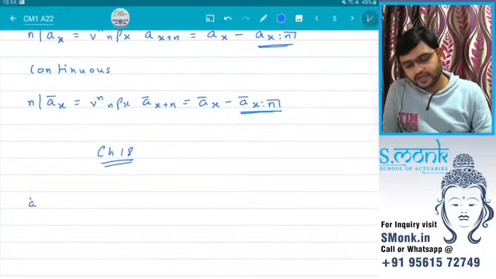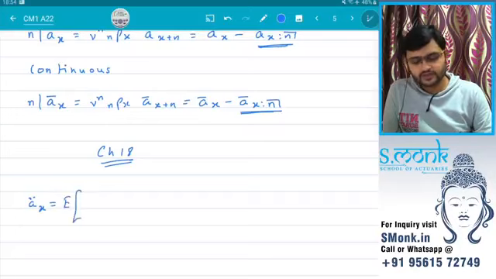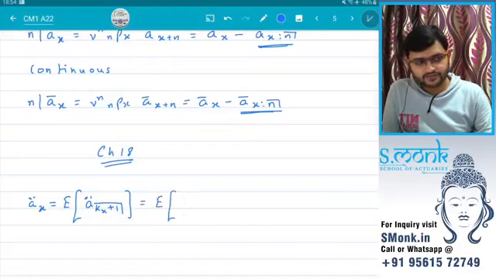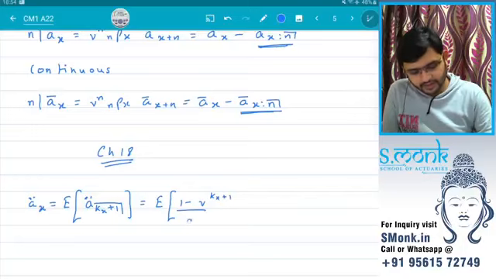Now see, a due x we said was nothing but the expected value of the present value. The present value of a due x was a due kx plus 1. We can write this as the expected value of 1 minus v raised to kx plus 1, upon d.